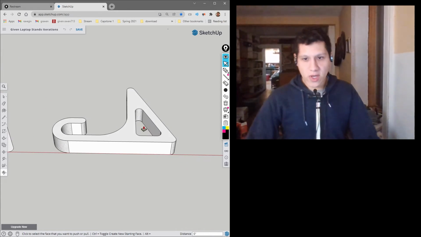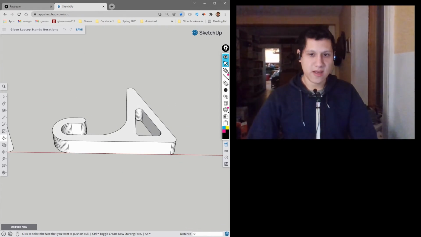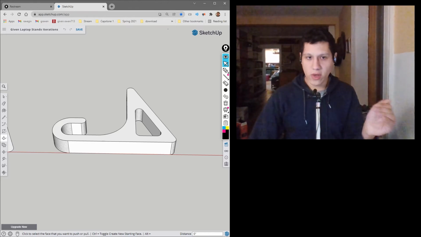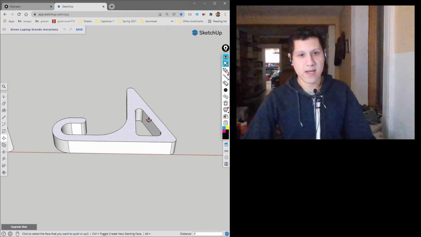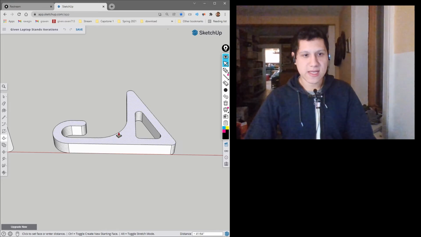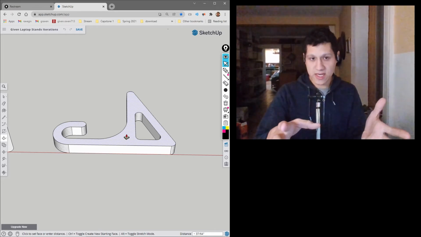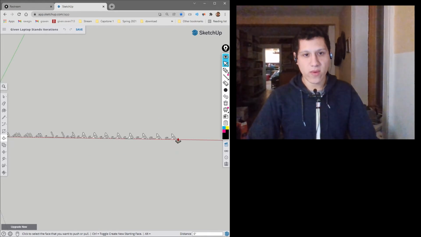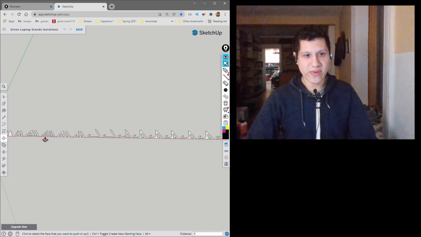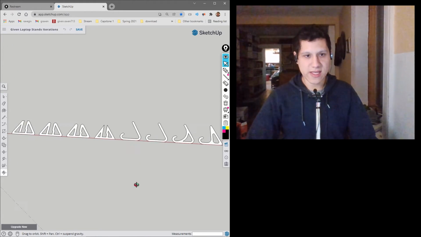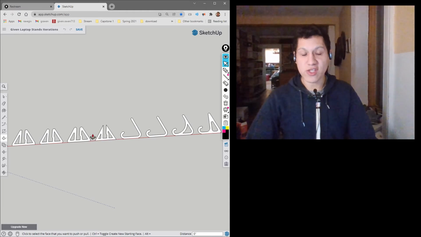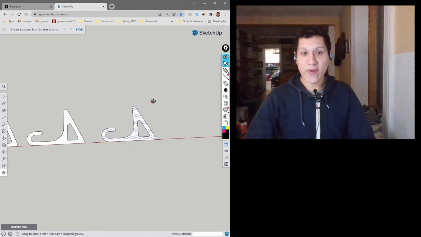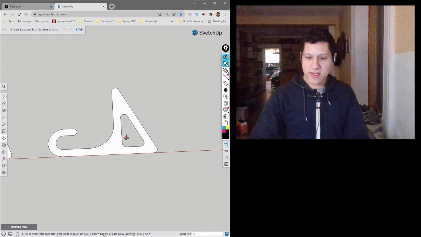So those are all three of our iterations, and I do have some additional notes about this design. First is that I had not printed any of the designs that were this high. My last print was this high, and I think this might be a whole inch taller. One of the first things I noticed is it is wobbly.